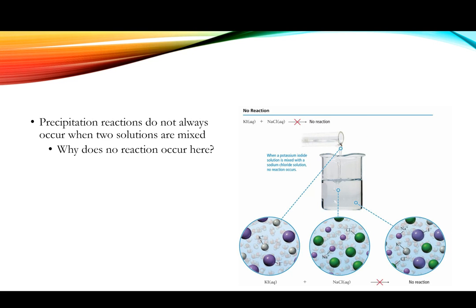Precipitation reactions do not always occur when two solutions are mixed. When we did reactions before, we said, let's just say for now that double replacement reactions go, but in fact they don't always. If you have two soluble compounds, so potassium iodide plus sodium chloride, when those rearrange, we're going to get sodium iodide and potassium chloride.